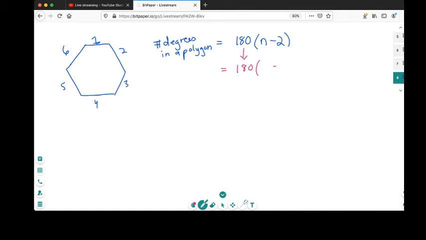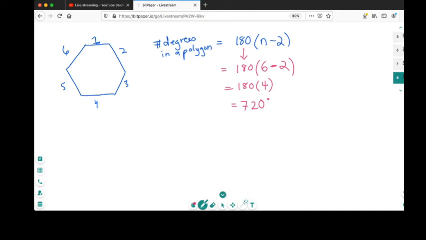N is going to be the number 6 because we have 6 sides. And subtracting 2. So doing the brackets first because of BEDMAS, we get 4. So 180 times 4 is 720.